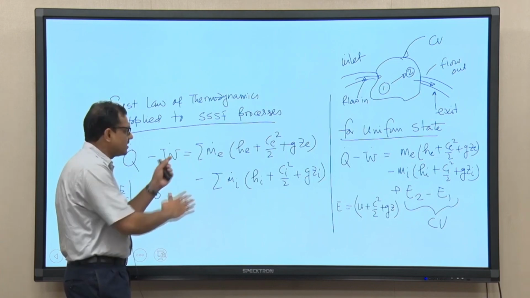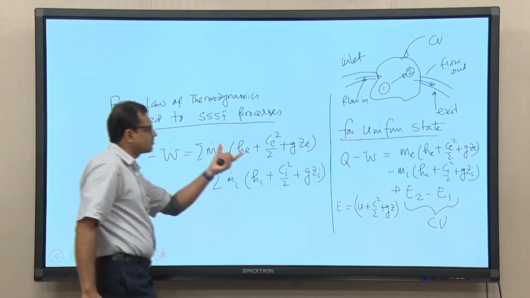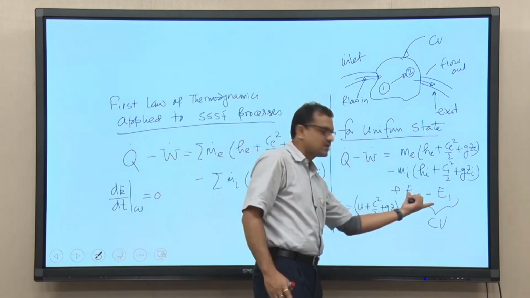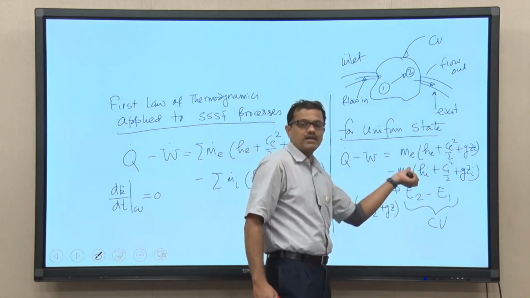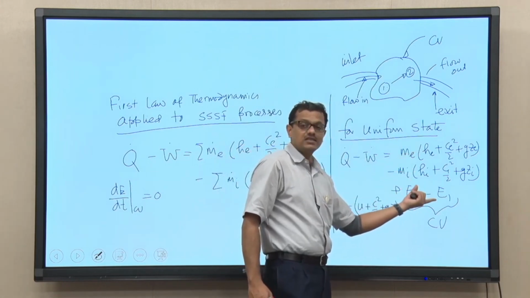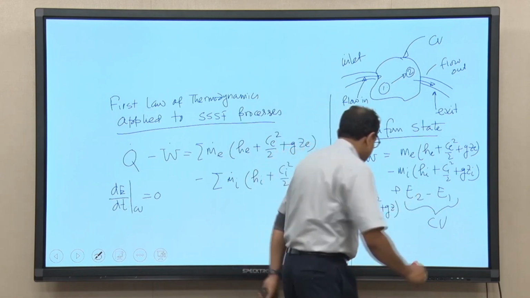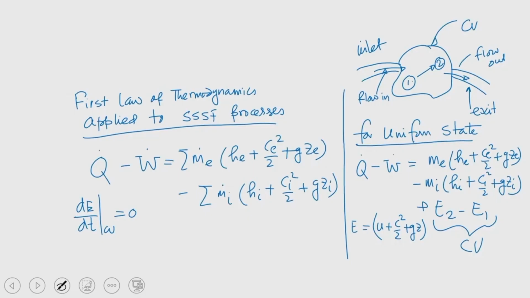So, if we try to differentiate this process from this uniform state, this term is there for this particular case, because this is the change in energy within the control volume. So, let me write, this is change in energy in the CV.